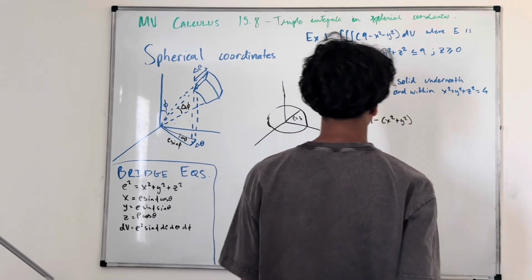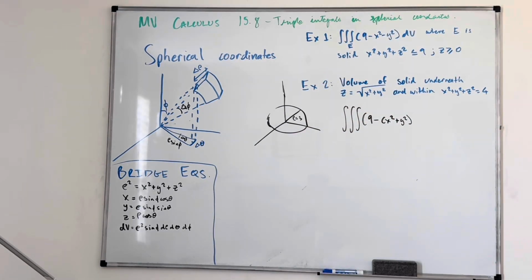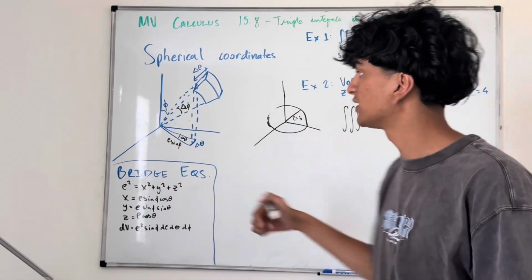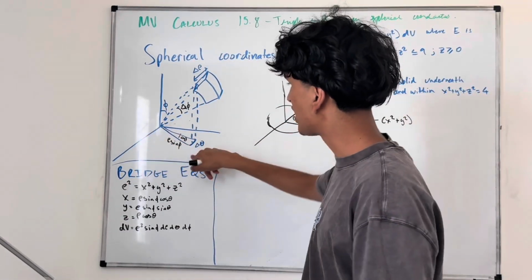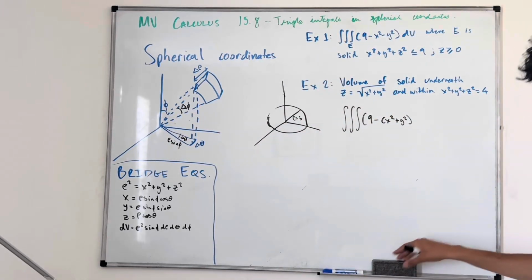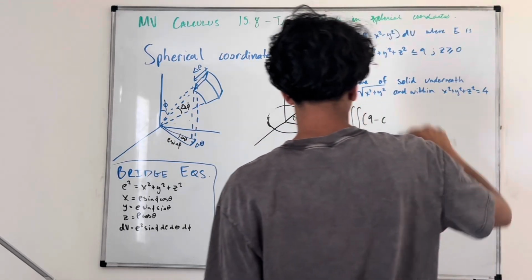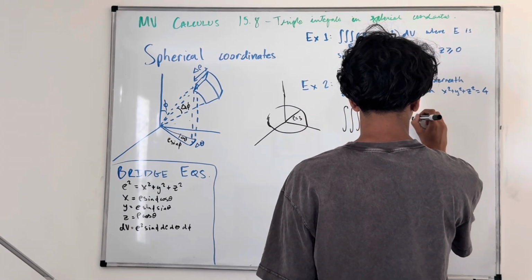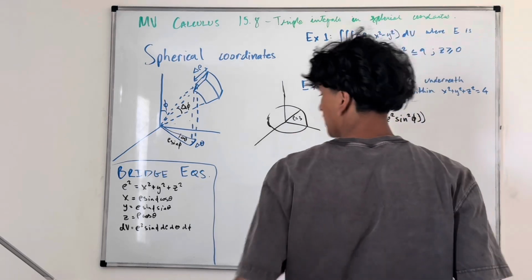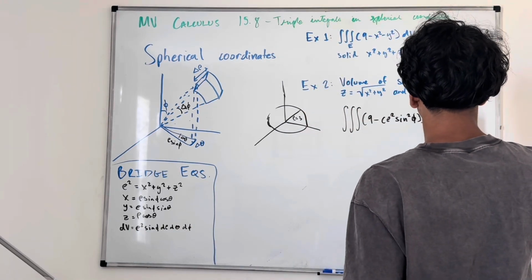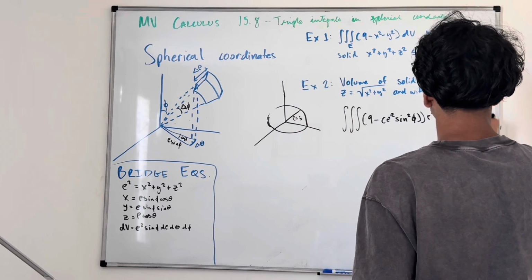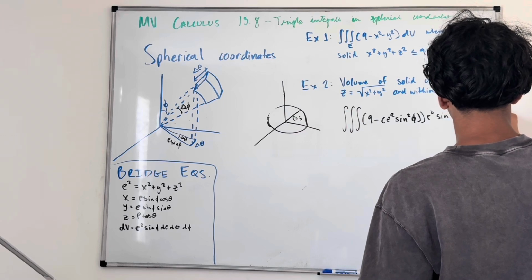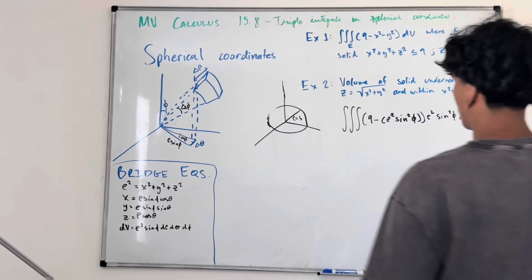If we think about our bridge equations, x squared plus y squared is just rho squared sine squared phi, because if this was x and this was y, this would end up being the hypotenuse, as we derived earlier. So I can start converting this to spherical. This is just rho squared sine squared phi, and then we need our differential dV. So this would be rho squared sine phi, and then we get our d rho, d phi, d theta.